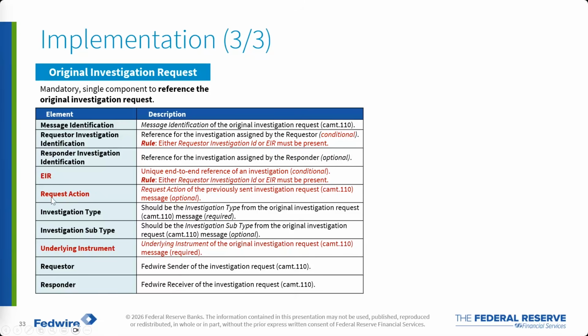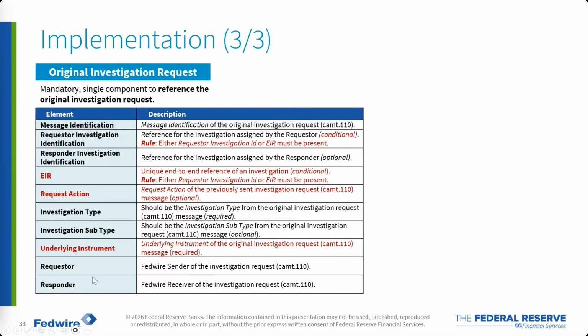The request action box may be copied into the response. So this is where the sender of an initial investigation request followed up with a request action. You may copy that into your response on an optional basis.